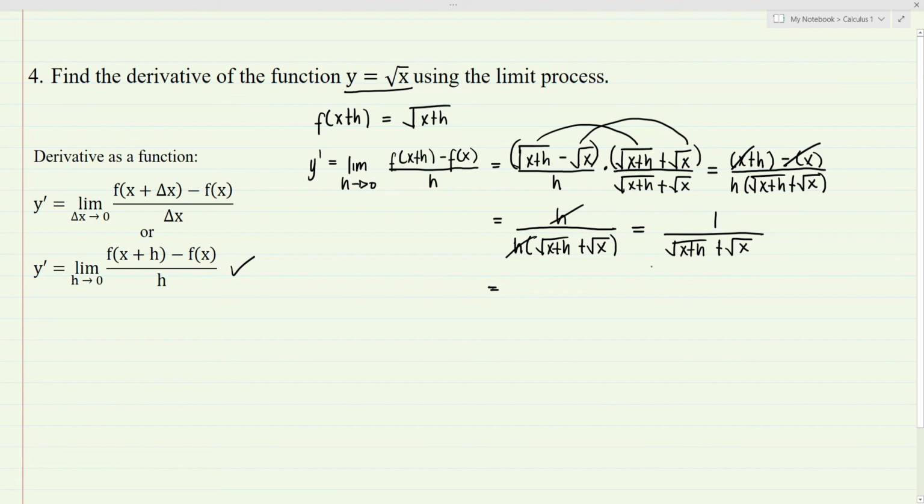The final step here is to evaluate the function or solve for its limit as h approaches 0. I would have here 1 over square root of x plus 0 plus square root of x, or simply 1 over square root of x plus square root of x, or the final answer here would be 1 over 2 square root of x.